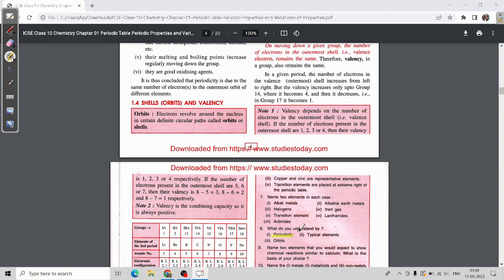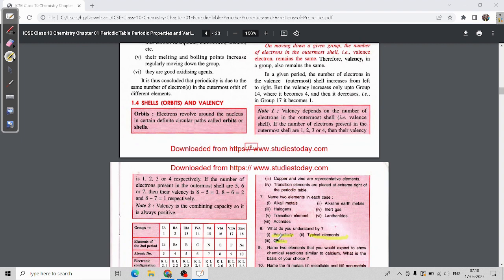And typical elements means the elements in the same period which have similar properties. Then orbits means the fixed paths in which the electrons revolve around the nucleus.